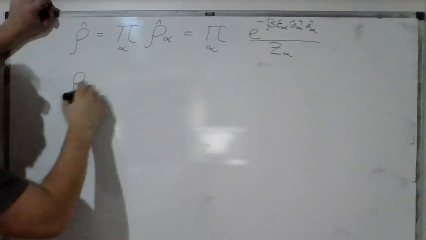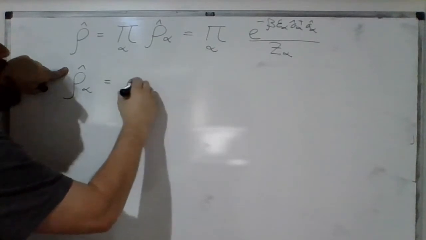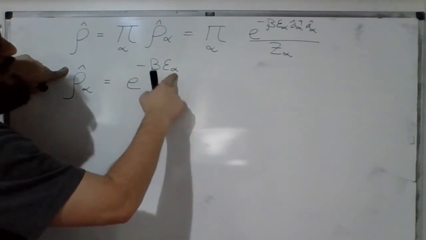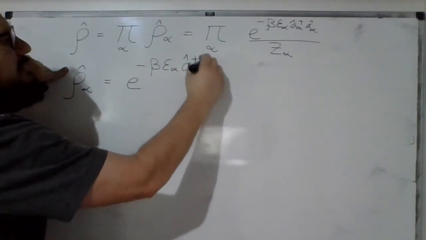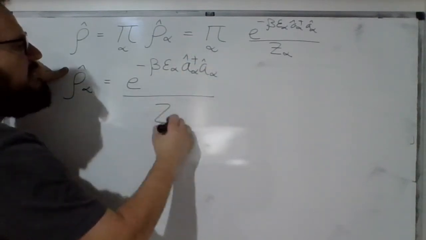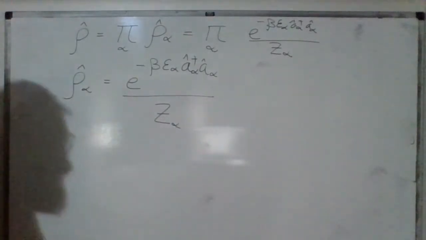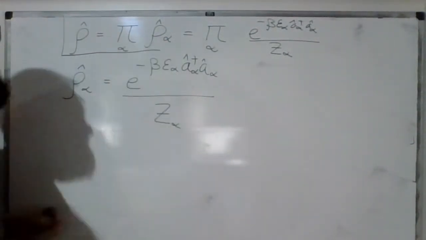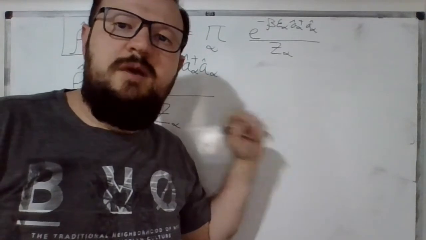So what we need to do is to determine the rho alpha density matrix, which is the exponential of minus beta E alpha, the energy of the system with the set of quantum numbers alpha, times the number operator for that given state, divided by the partition function of that state alpha. This is the density matrix, and the whole density matrix is the product. I am using it here for bosons, but it also applies for fermions.